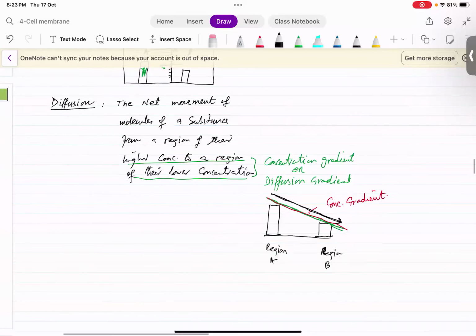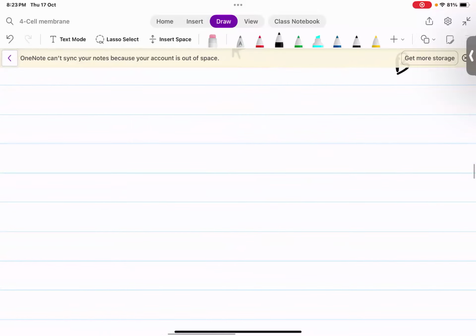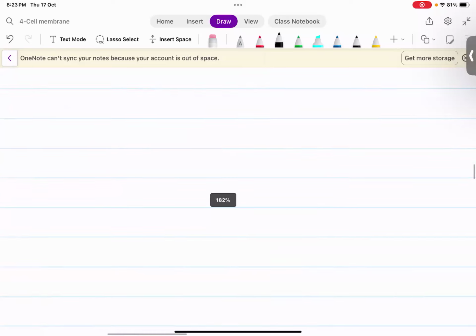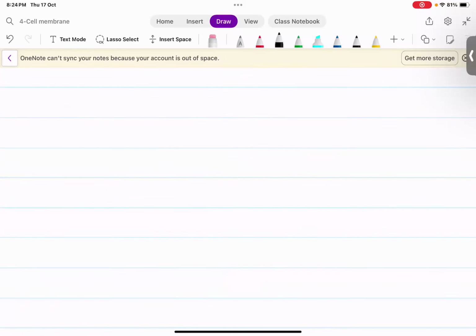Okay, so let's see the role of the cell membrane in diffusion.